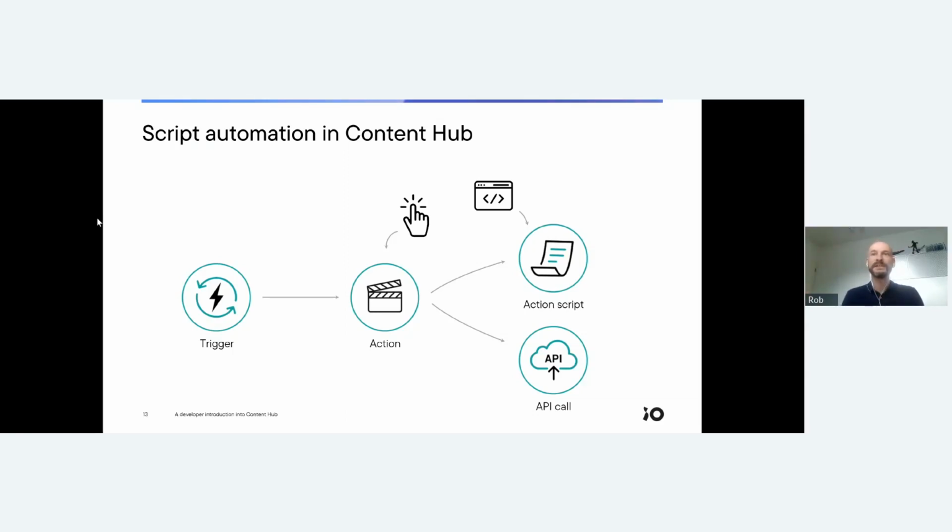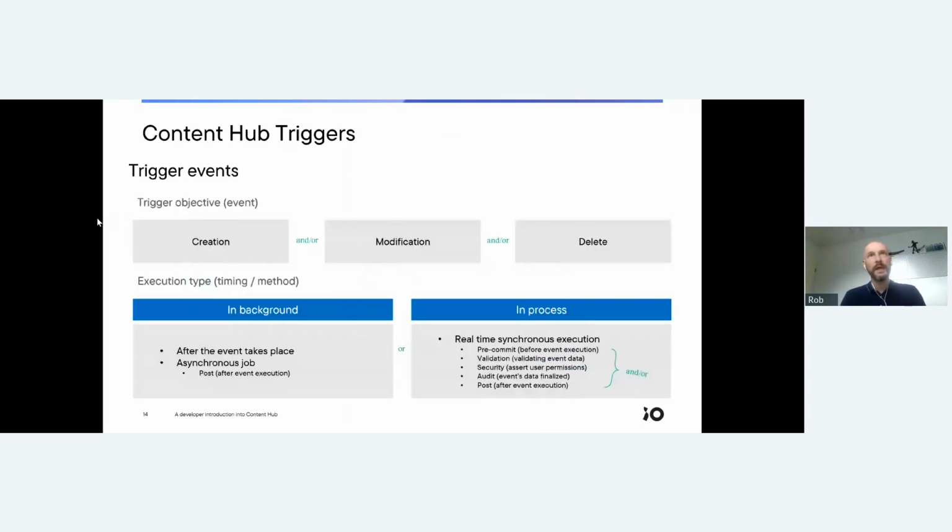And the cool thing is the actions can also be fired by triggering manual actions, and the action scripts can also be called via a URL, making it also duplicate as an API call going into Content Hub. So this means that you can do API calls from Content Hub to the outside world, and also from the outside world call Content Hub scripts as an API. Well, this is very powerful.